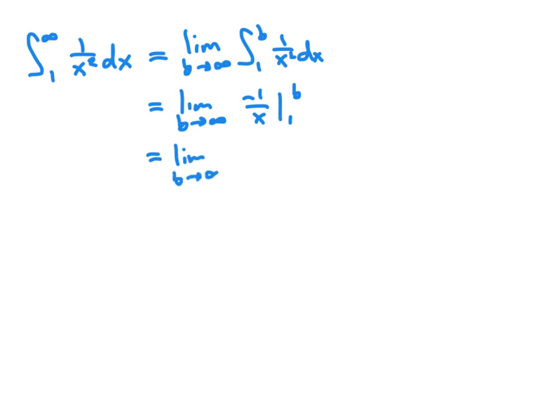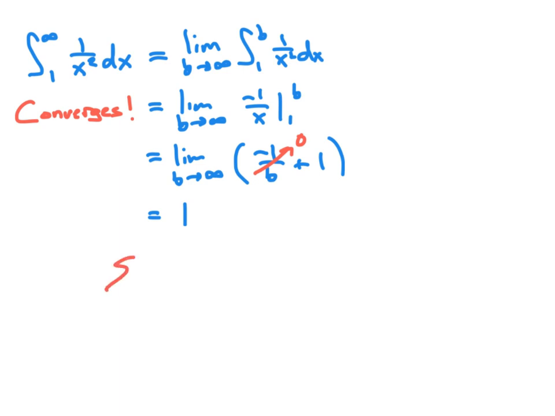When we do that, we get the limit as b goes to infinity of negative 1 over b plus 1. And as b goes to infinity, negative 1 over b will go to 0, and we get a value of 1 for this particular improper integral. So this improper integral converges.